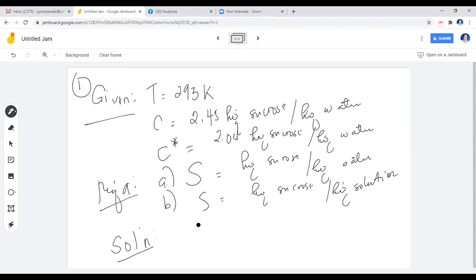So you have S is equal to C over C asterisk. Now, in both letter A and B, we are to determine the supersaturation ratio. But in A, it should be kilogram sucrose per kilogram water, and in B, kilogram sucrose per kilogram of solution.